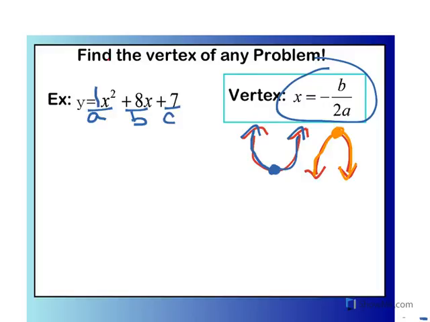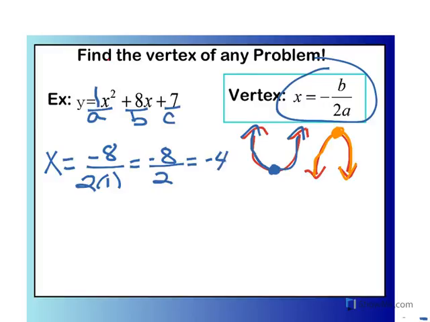So when we go to find the vertex, we're going to say x is equal to negative, and then we'll sub in the 8 for our b, all over 2 times a. Well, a is 1. So if we simplify the fraction, we will have negative 8 on top, 2 on the bottom, and negative 4. So we know that the vertex occurs when the x-coordinate is negative 4.